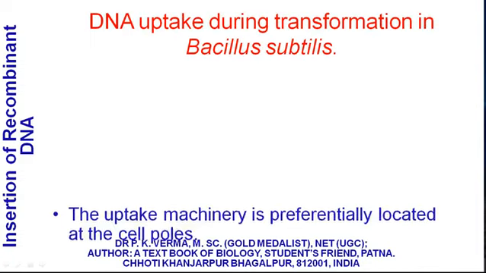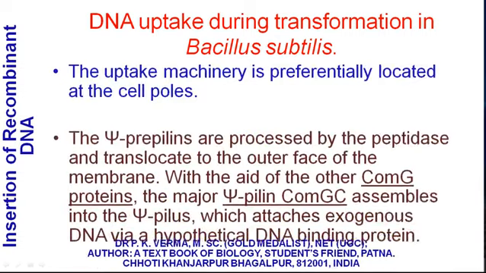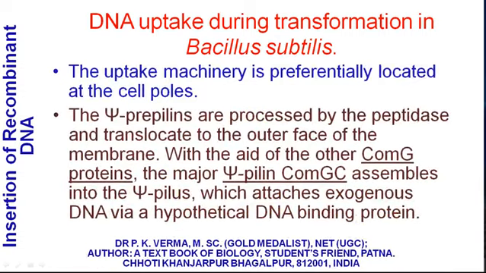Now let us discuss the mechanism during transformation in Bacillus subtilis. The uptake machinery is preferentially located at the cell poles. The ComG prepilins, which are proteins, are processed by the peptidase and translocated to the outer surface of the membrane.